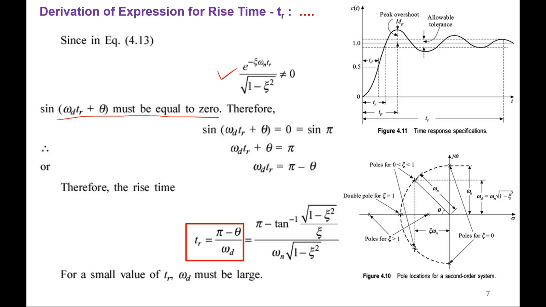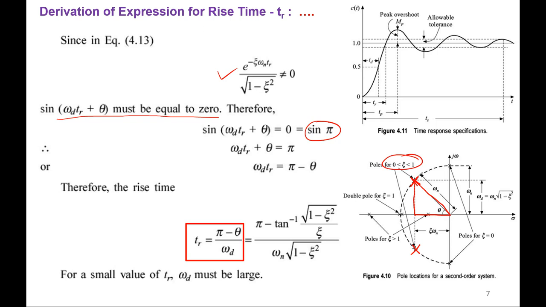And why is this equal to only sine pi? It can be sine 0 also, no? Why only sine pi? Observe here, I'll tell you. For a second order underdamped system, the poles are complex conjugates. And let me draw this triangle also here. So the poles are complex conjugates for values of z lying between 0 and 1.